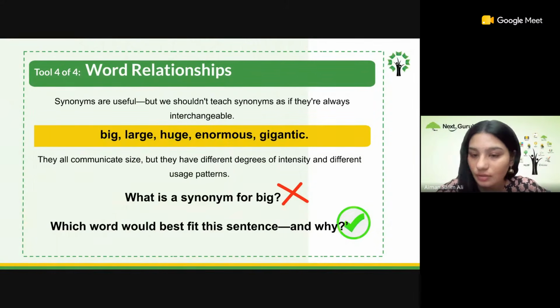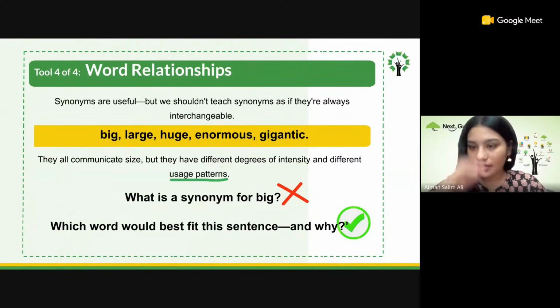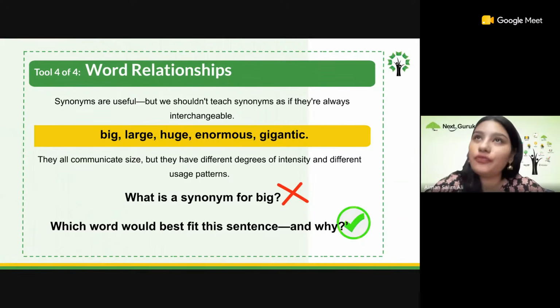Synonyms are useful, but we shouldn't teach synonyms as if they are always interchangeable, right? So we have big, large, huge, enormous, gigantic, right? All of these words communicate size, but they have different degrees of intensity and different usage patterns, right? If I say, I saw an enormous balloon today, that wouldn't make much sense.